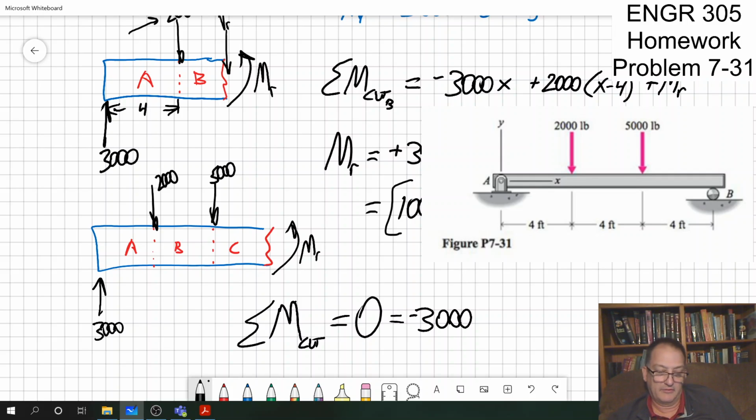It's negative 3,000 times the distance x plus 2,000, because that's going to be a positive, and that's going to be x minus 4. Again, it's the same, because the cut just moved.